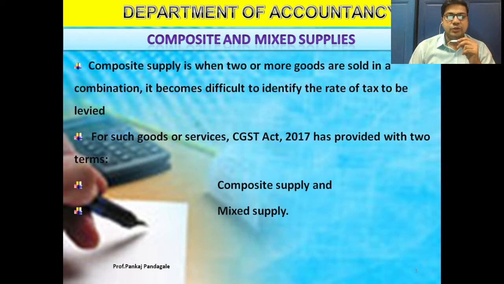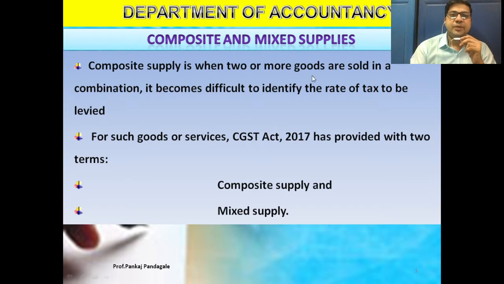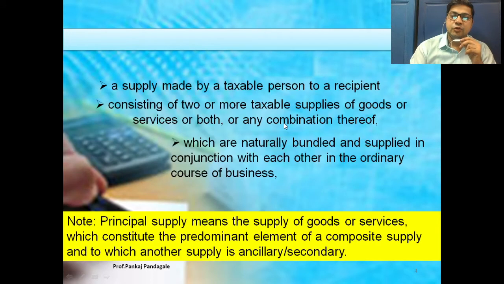The GST Act 2017 has provided two terms, composite supply and mixed supply. Friends, let us discuss composite supply first. Composite supply means two or more goods are sold in a combination and it becomes difficult to identify the rates. What does composite supply mean?